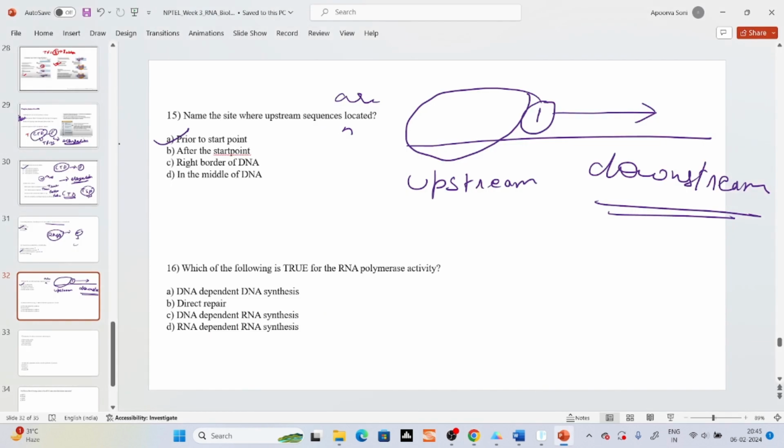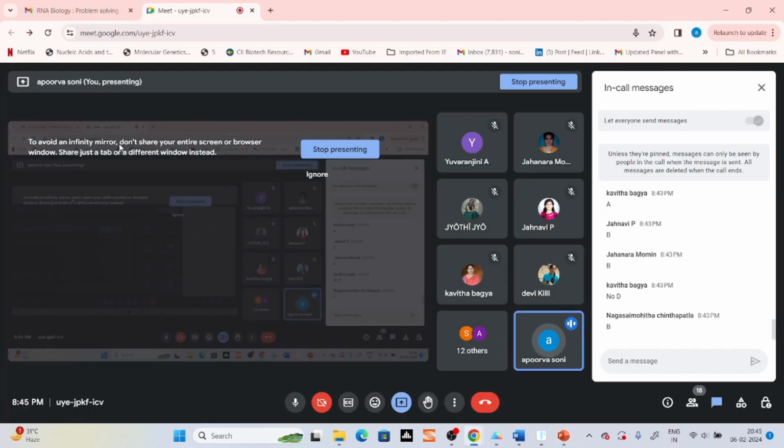Okay, then which of the following is true for RNA polymerase activity? DNA dependent DNA synthesis, direct repair, DNA dependent RNA synthesis, or RNA dependent RNA synthesis? Tell me the answer, and then I will ask another question from this.